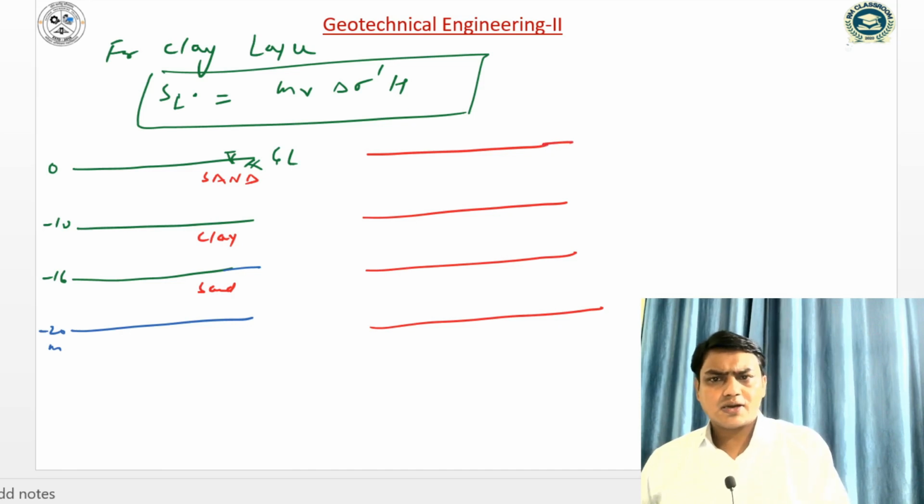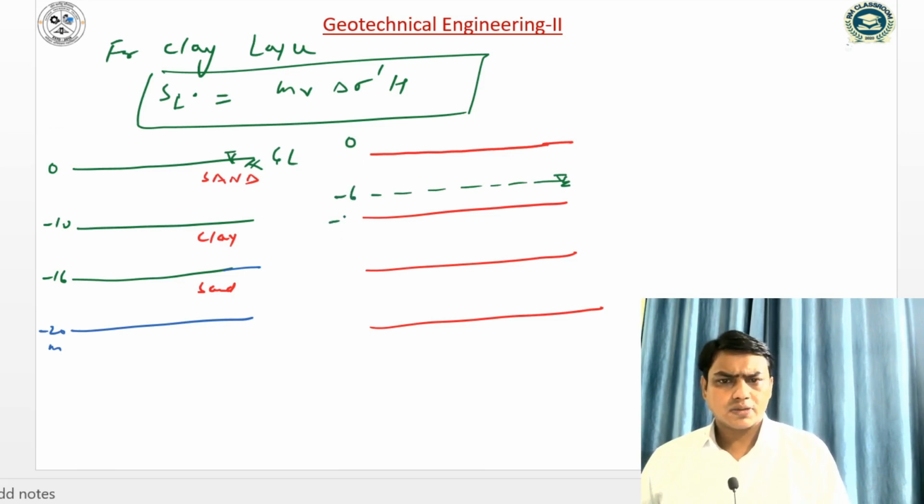And now the second case, when the water table is at this position. So this is 0, this is minus 6, minus 10, minus 16 and minus 20.